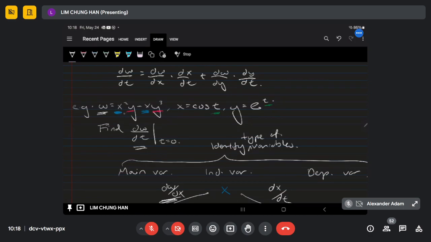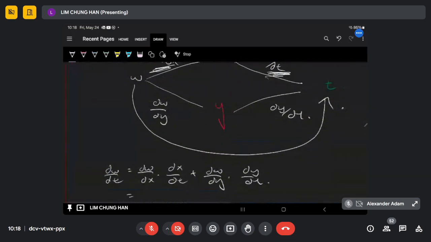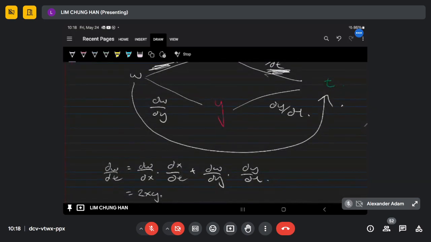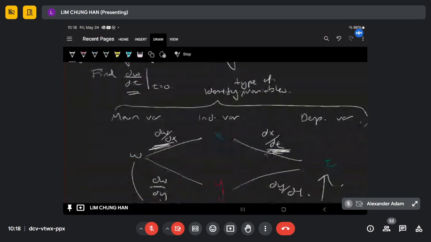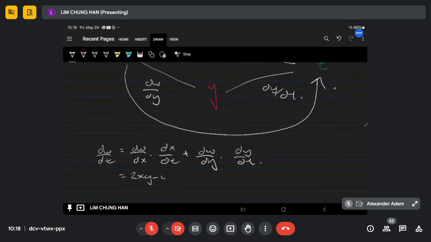What do you get? 2xy, right? And then the next term, x minus y cubed. The y cubed is constant, so you just differentiate x, which becomes 1. So the answer is 2xy plus y cubed... y minus y cubed for the second term.